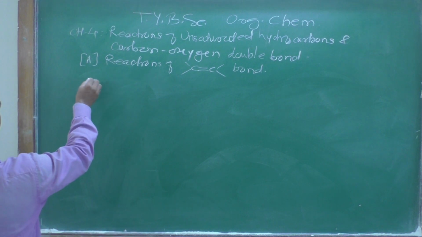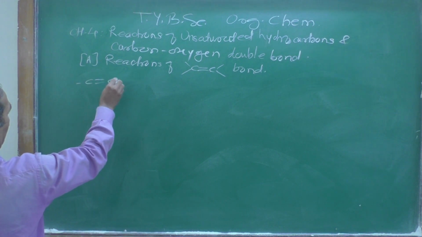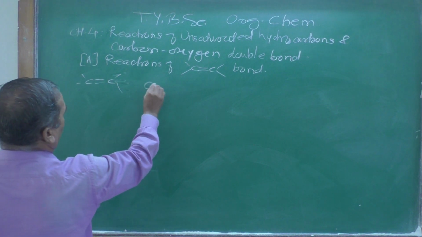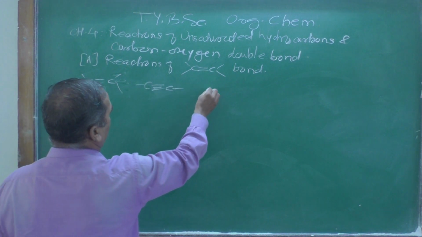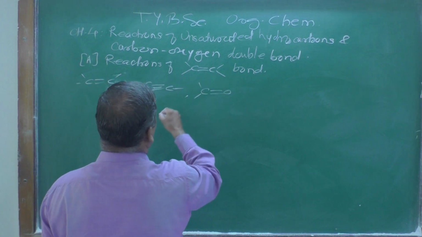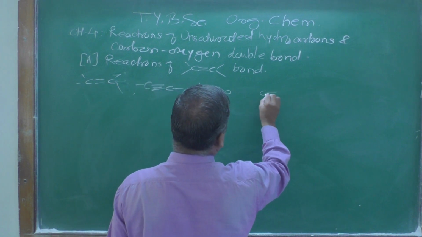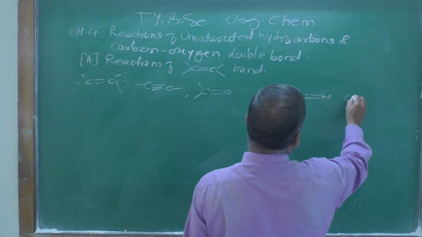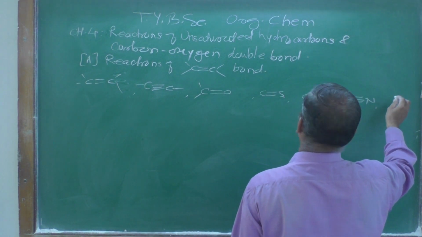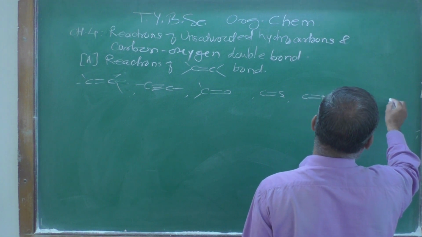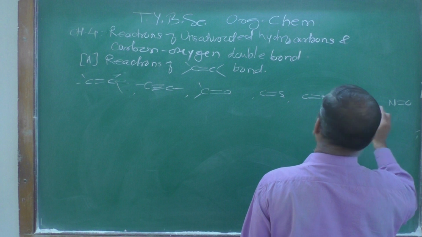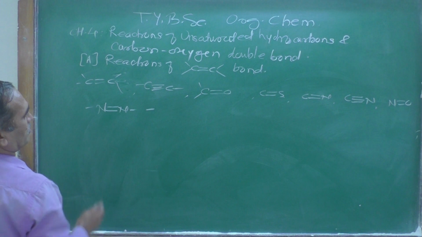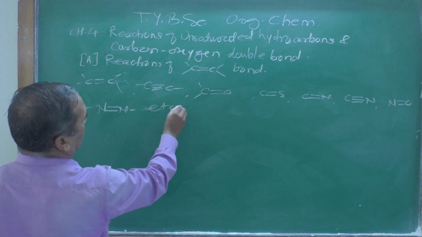As we have just seen, there are carbon-carbon double bonds. Then carbon-carbon triple bond, carbon-oxygen double bond, carbon-sulfur double bond, carbon-nitrogen double bond, carbon-nitrogen triple bond, then nitrogen-oxygen double bond, and so on, you can call them.